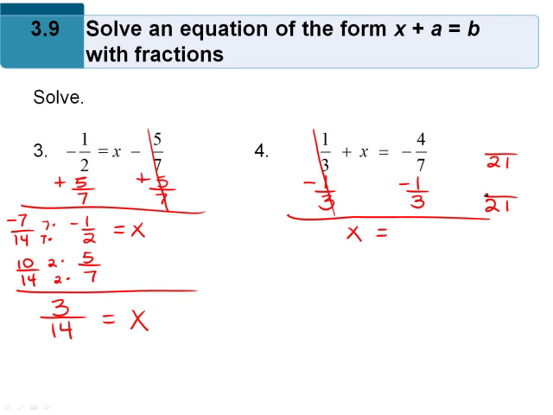Remember, the only time you need common denominators is when you're adding or subtracting fractions. 21 divided by 7 is 3, so -4 times 3 is -12. Down here, 21 divided by 3 is 7, so -1 times 7 is -7. The signs are the same, so we add and keep the sign, which gives -19 over 21. 19 is prime, so you can't do anything with that. That would be it.